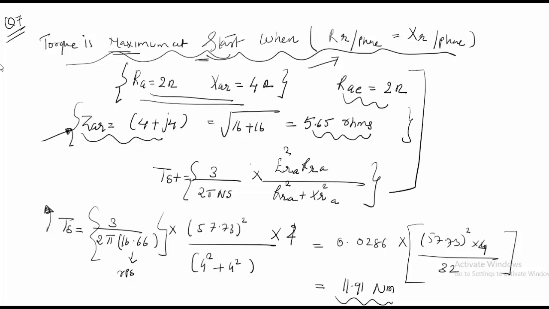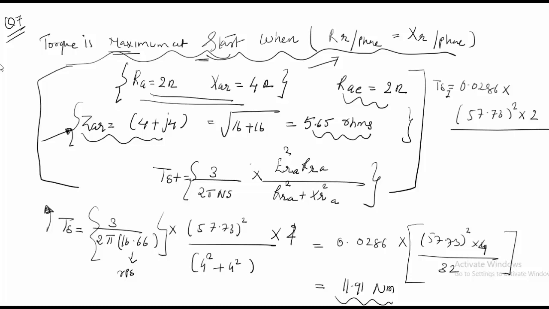So what is my torque without any added resistance? That will be TS1 equal to 0.0286, which was my K, into 57.73 whole square into my resistance, which is 2 now, and whatever is here, it is 4 plus 16, which is equal to 20. So if you can cancel that, this is 9.